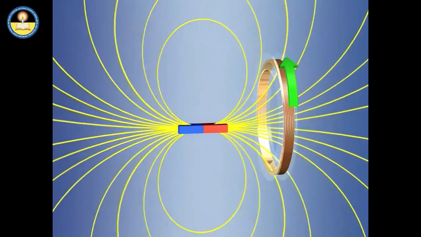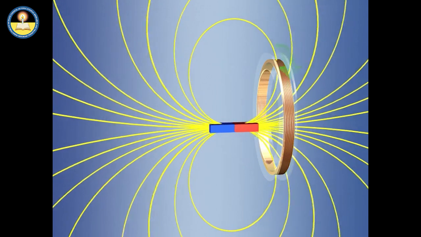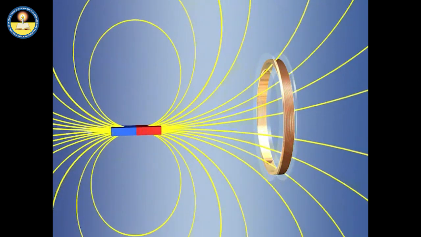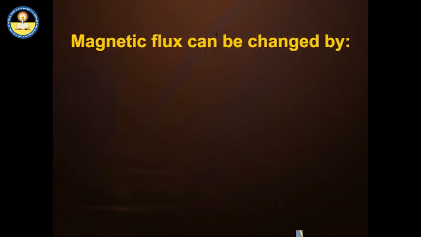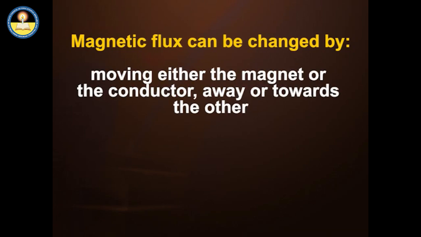Do you have any idea how we can change the flux over a period of time? Magnetic flux can be changed by moving either the magnet or the conductor away or towards the other. In other words, if there is a relative motion between the conductor and the magnet.